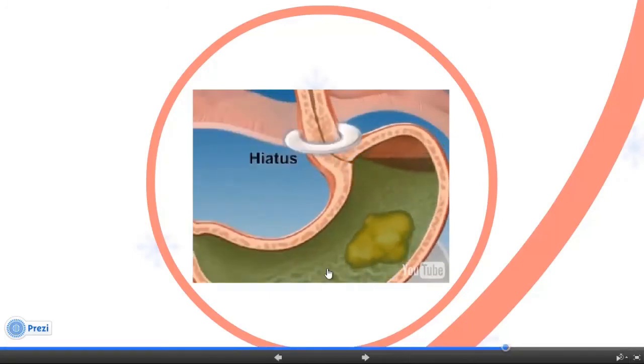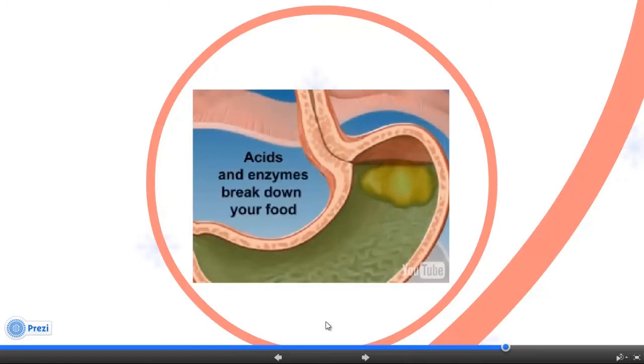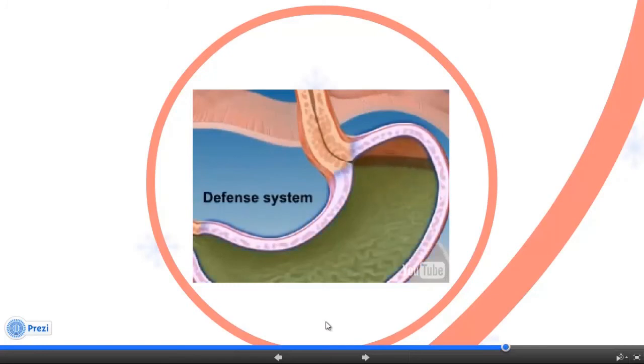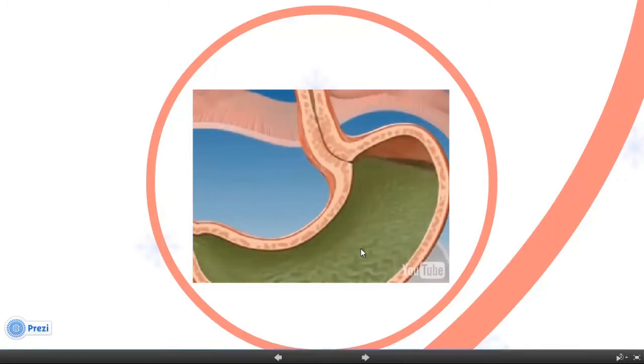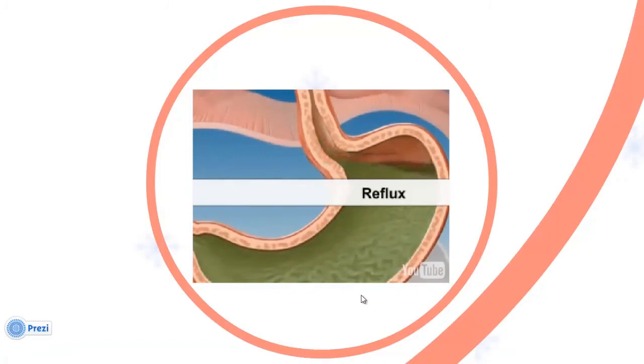The hiatus also helps close off the entryway to the stomach. Inside your stomach, strong acids and enzymes make up the stomach juices that break down your food. Your stomach has special mechanisms that help protect itself from these strong juices. But your esophagus doesn't have these same defenses, so it's important to close off the stomach opening to keep the juices in the stomach. Sometimes the acidic contents of the stomach do go back up, or reflux, into the esophagus.